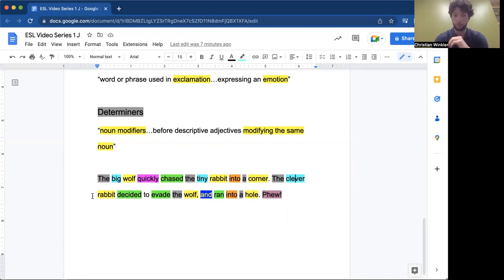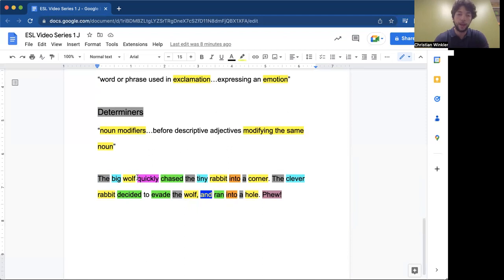And clever comes before rabbit. The wolf, the wolf. This is a good example of how useful determiners can be within a piece of writing that has multiple sentences. With the wolf, we know that we're referring to the big wolf from before. Likely it's going to be the same one, right?